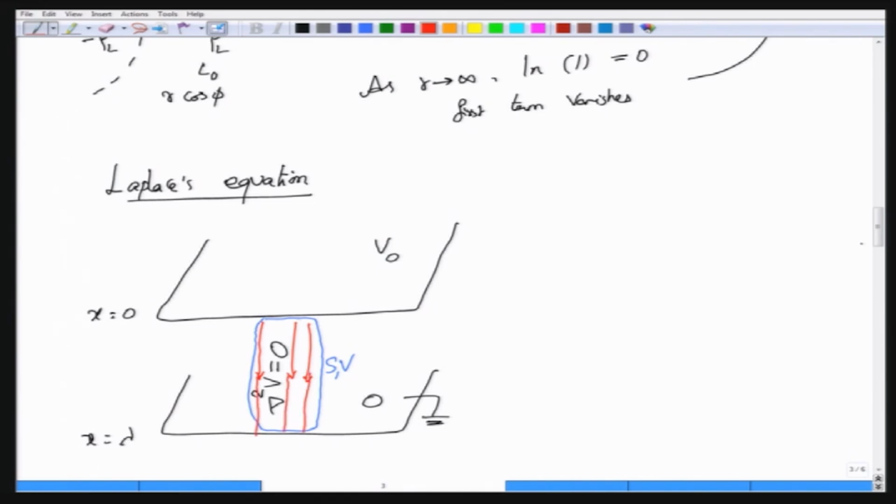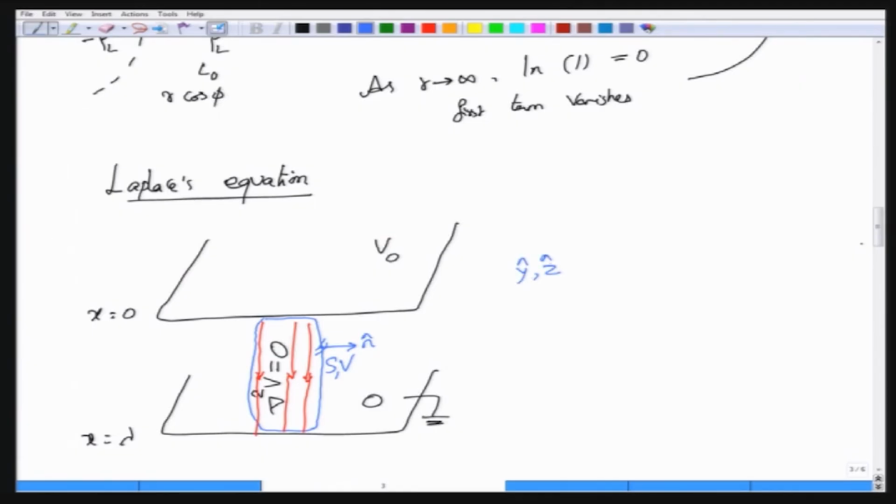So, I can specify the potential on the top as V0, the bottom plate as 0, and for the curved surface that I have, the field is directed along x, but the normal to this curved surface is directed along the radial direction, y and z.